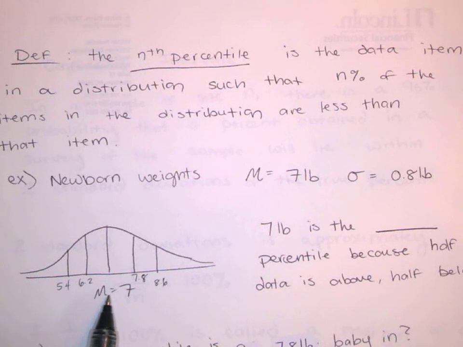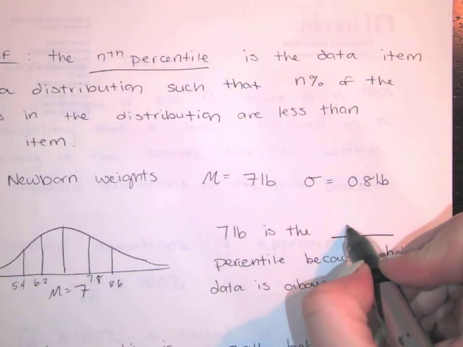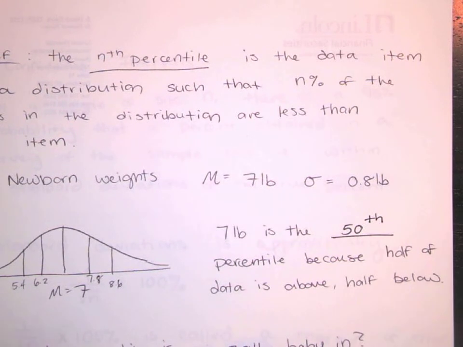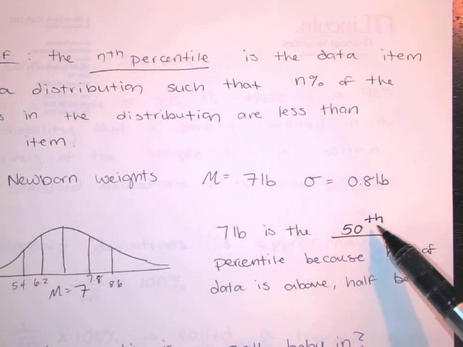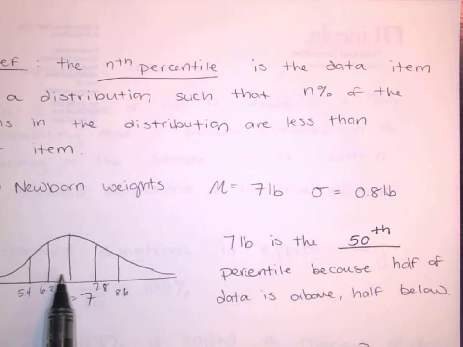So 7 pounds, the mean, is the 50th percentile. So if you're in the 50th percentile, that means half of the population is below you and half of the population is above you. So if you have a baby that's 50th percentile, they're perfectly normal, right in the middle, healthy weight.